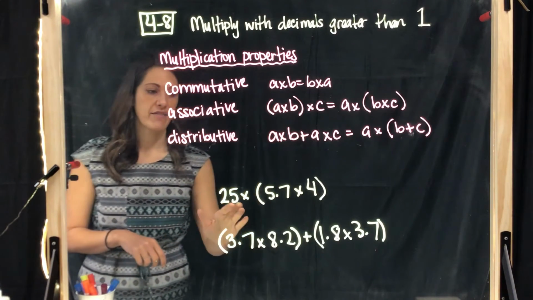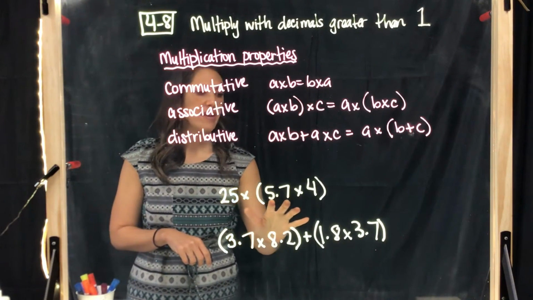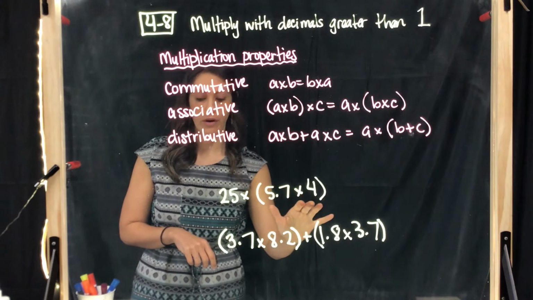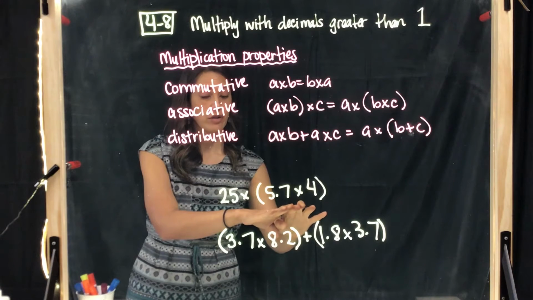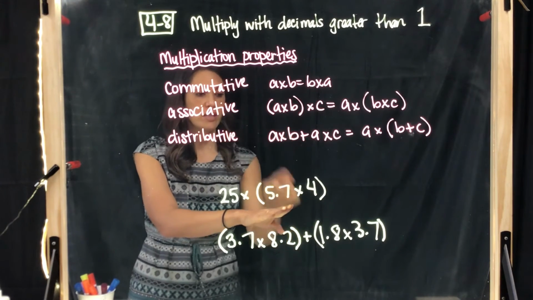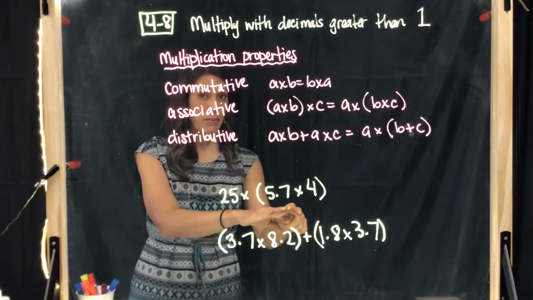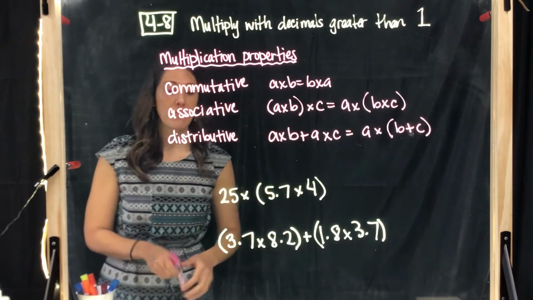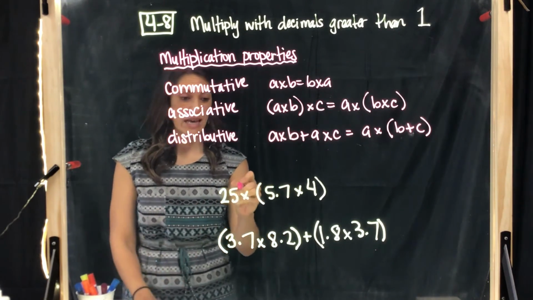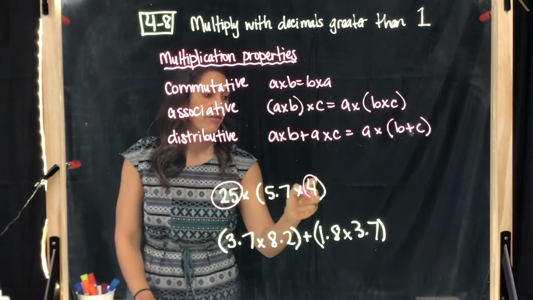Let's take a look at how we would apply some of these properties to these two problems. The first problem I have is 25 times 5 7/10 times 4. Well, the parentheses tells me that I'm supposed to multiply that first, but the associative property tells me I can put my parentheses wherever I want to when it's multiplication, and I can multiply something else first. For instance, I see 25 and 4.